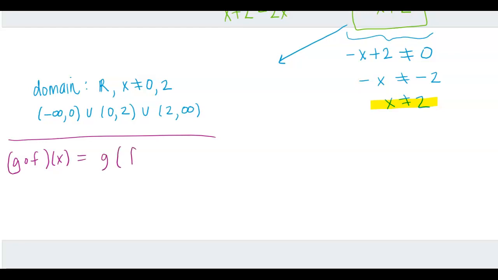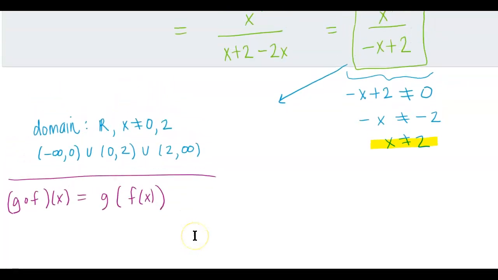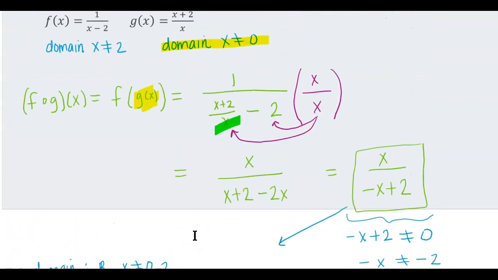In this case, I'll take the function f and I'll plug it in to the function g. Everywhere that I have a variable in g, this entire function gets plugged in.